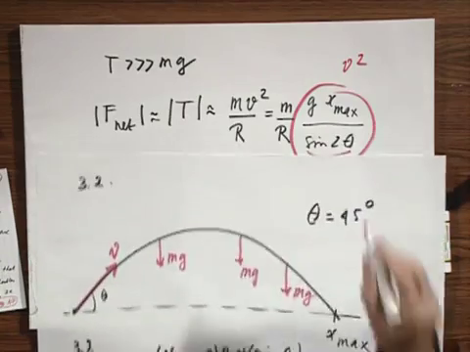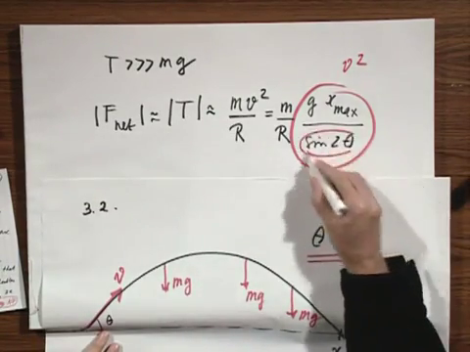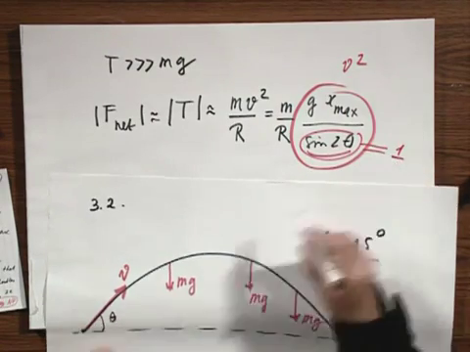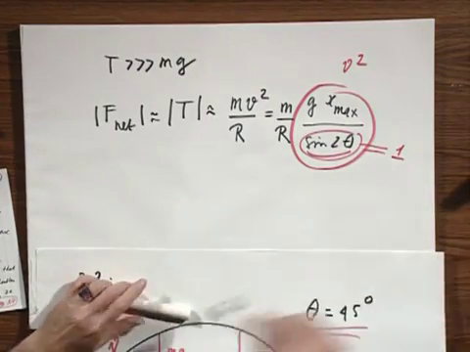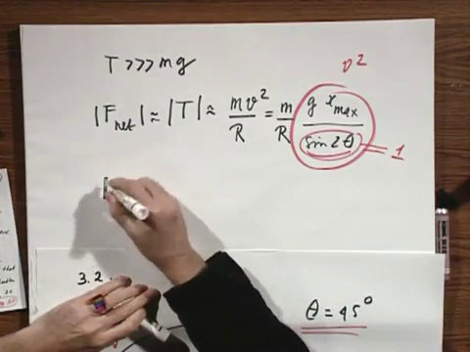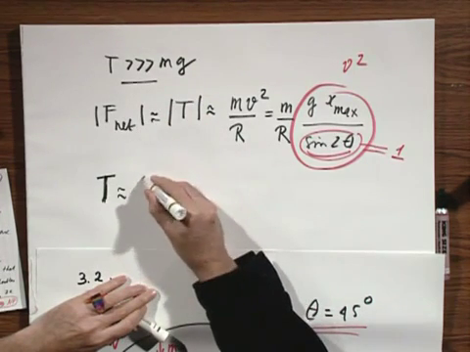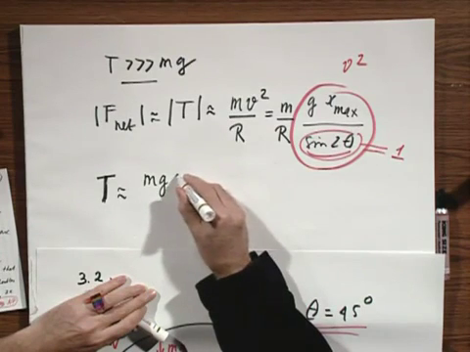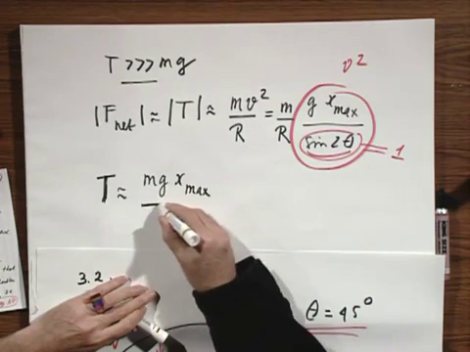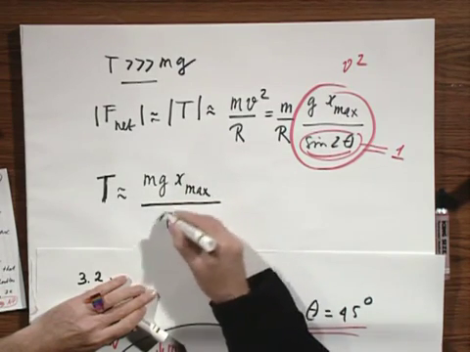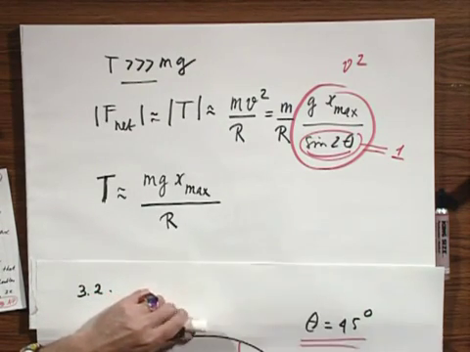That means the sine of 2 theta must be 1. That means theta is 45 degrees. So I will assume that this equals 1. And what I find then, that's one of the results that you were asked to calculate, is that the tension, to very good approximation, equals mg times x maximum divided by capital R. I think in your problem they call this x, and I think they call this L, but that of course is just a matter of semantics.